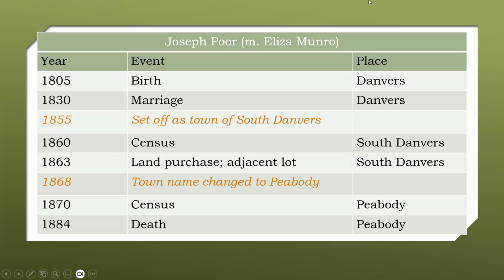He literally lived in the same house his whole life, but where the house was changed, not geographically, but in terms of the jurisdiction. And so you do get that, especially as you get people moving west and north in New England. You get things that change name. And so that's one of the things you want to be aware of.